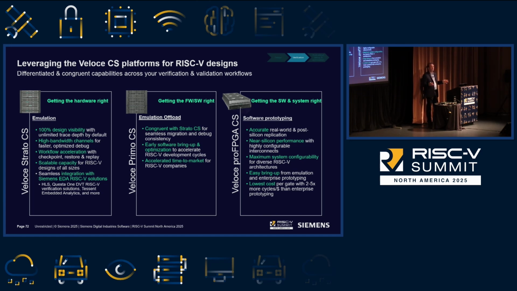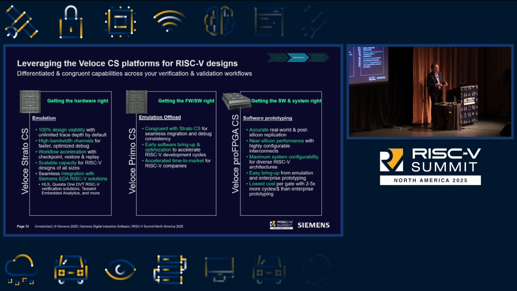This has now grown to be a family of multiple different products with slightly different purposes. Veloce Strato CS is the emulation platform. It's simplified. The problem it addresses is making sure you get the hardware right. It's built to give you a lot of insight and visibility into emulating the hardware design itself. It can tackle designs up to 40 billion gates.